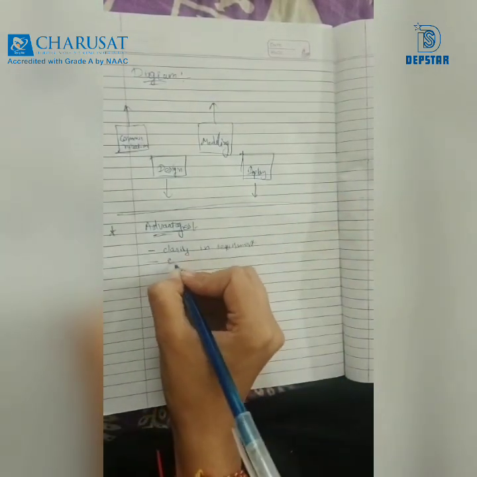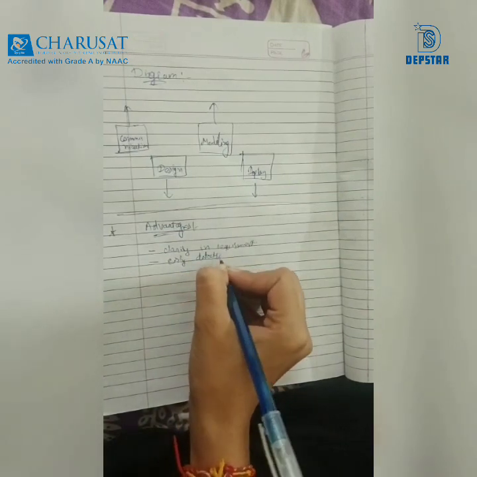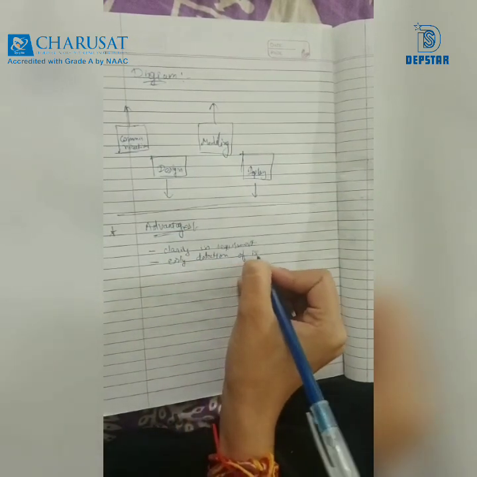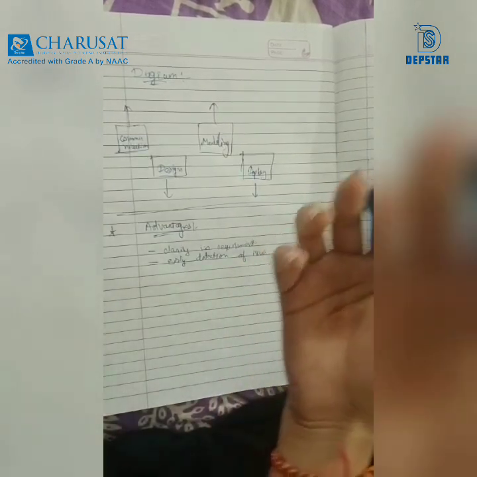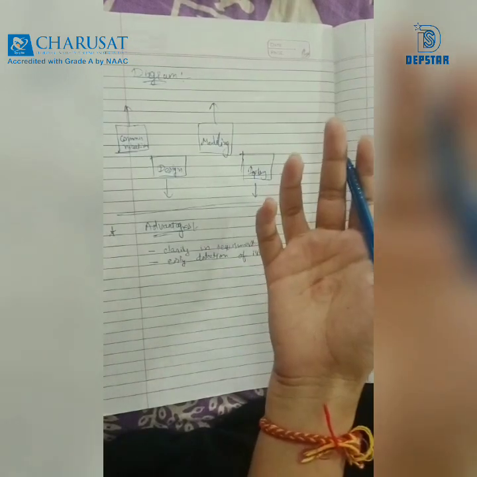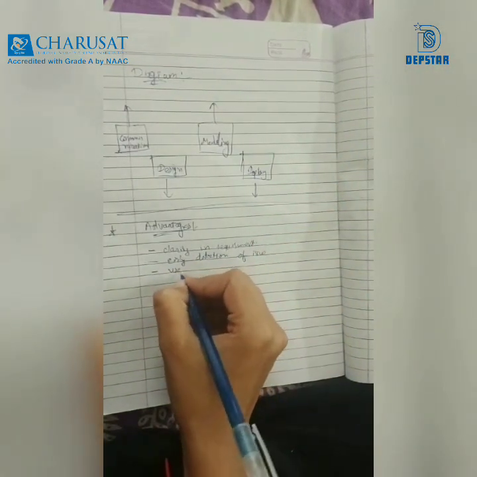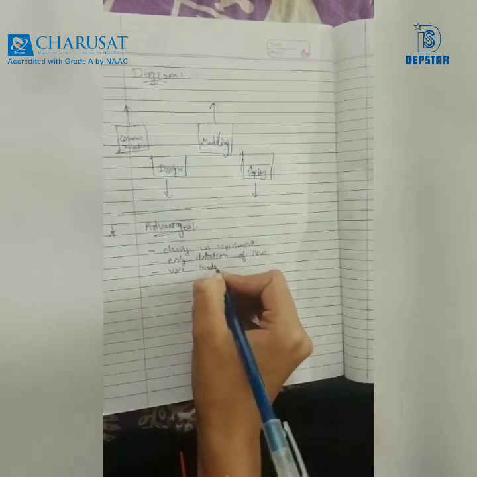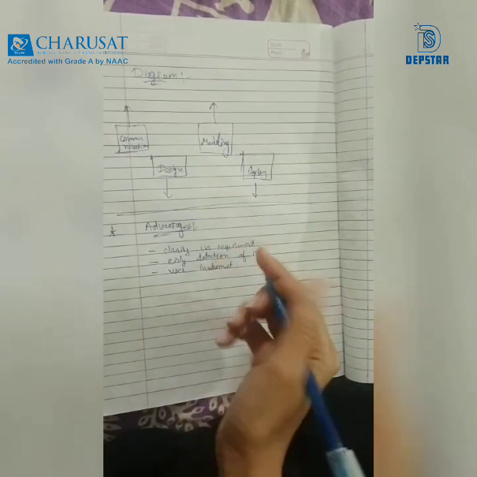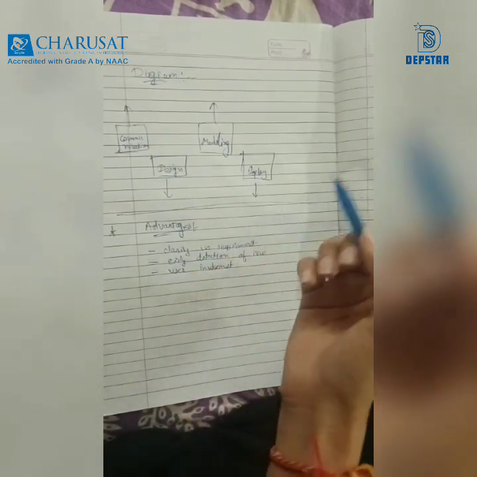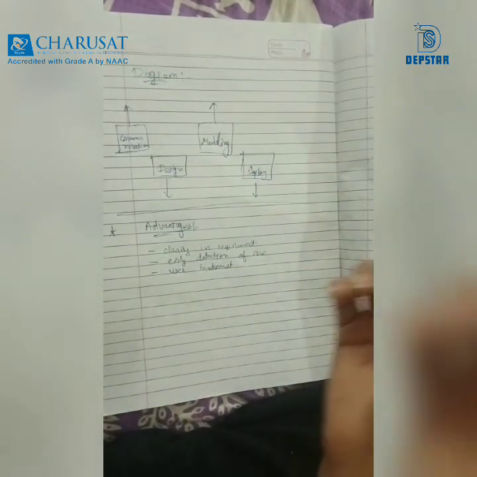Second is early detection of issues. It enables early identification and resolution of design flaws or issues. Then user involvement. It encourages user involvement and feedback from the early stages that we have discussed earlier.